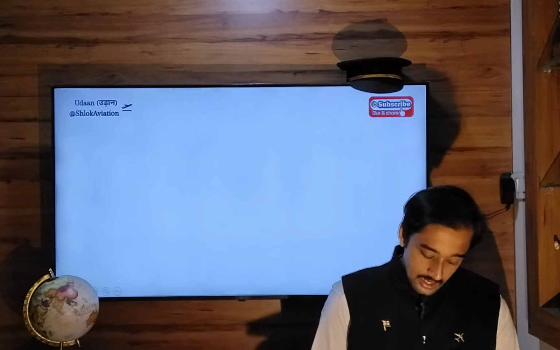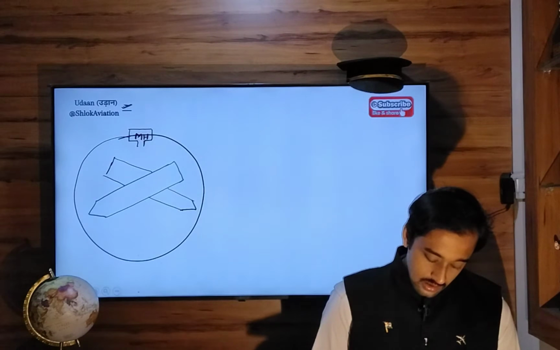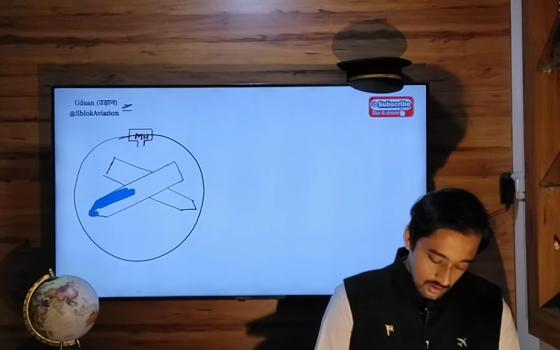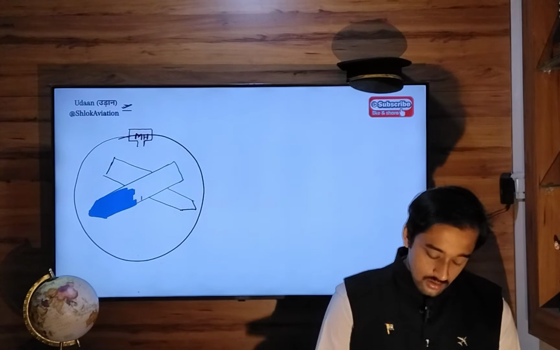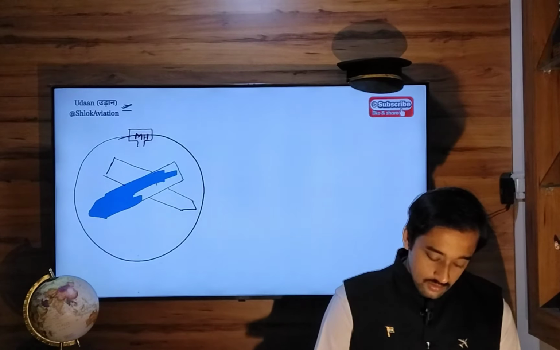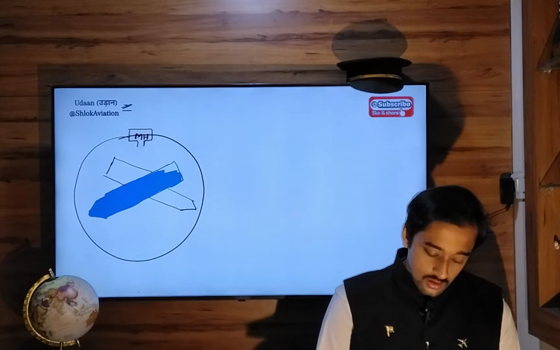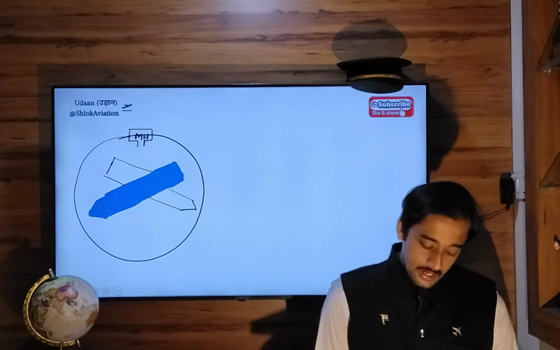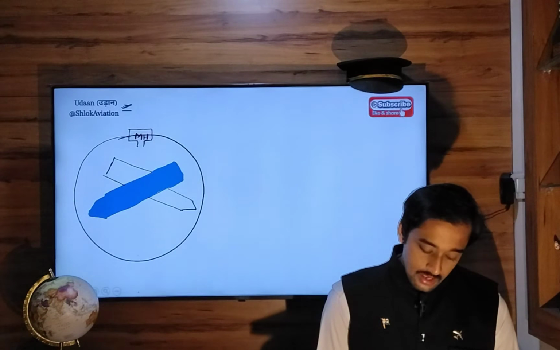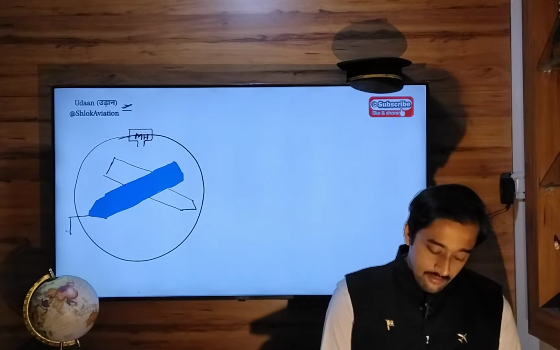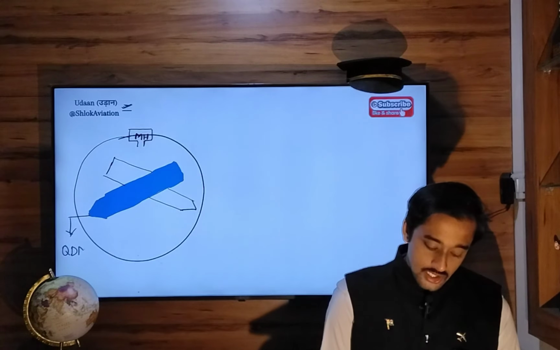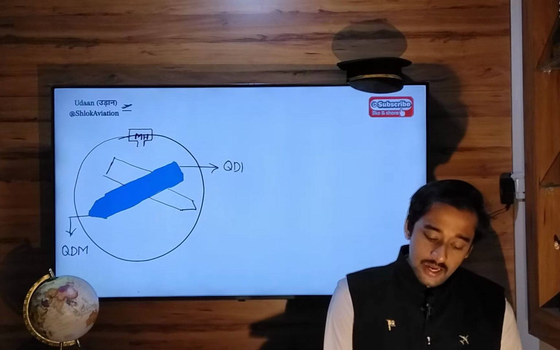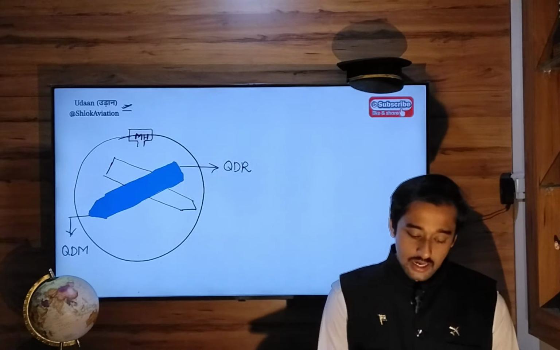Now the VOR pointer, I am highlighting it. Always remember, the head of this pointer will show QDM, the magnetic bearing to the VOR station. The tail of this pointer will show QDR, the magnetic bearing from the VOR station. Okay, this is for VOR.